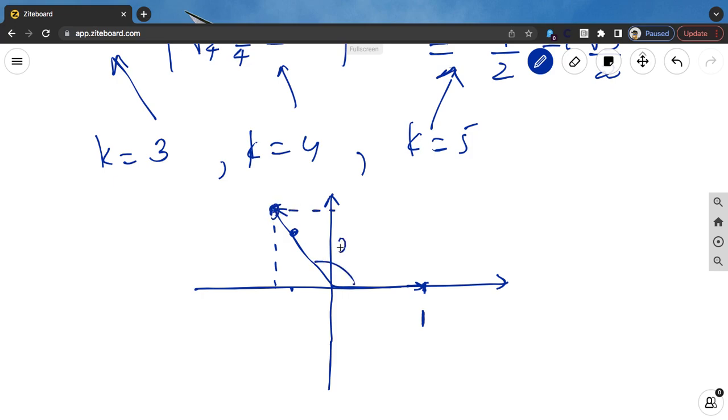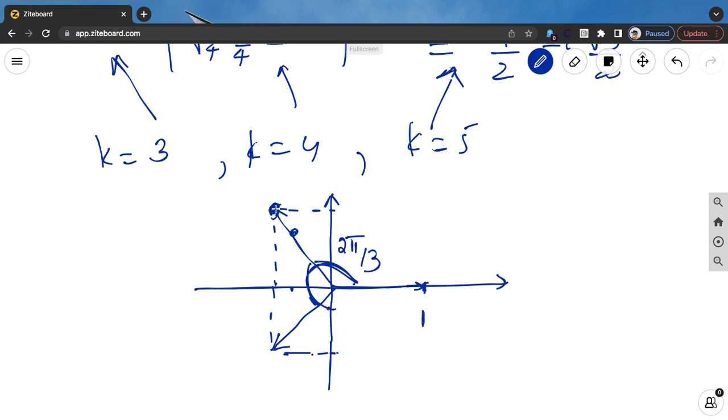It is at 2 pi by 3 radians. Again, at 4 pi by 3 radians, which means again 2 pi by 3 more, I will be at the same distance of 1, but at minus half minus root 3 by 2. Okay, that is 4 pi by 3.